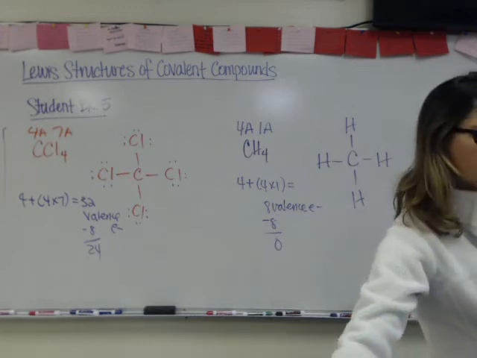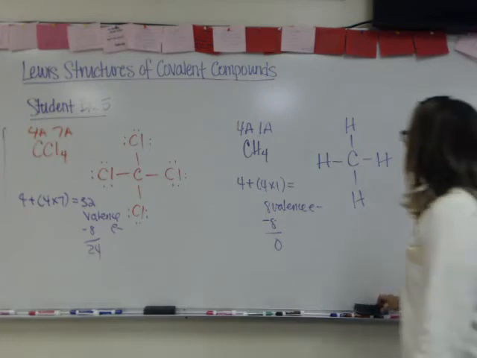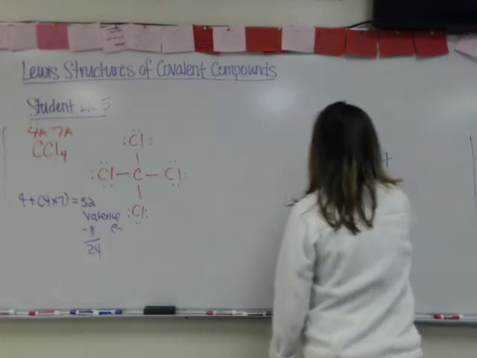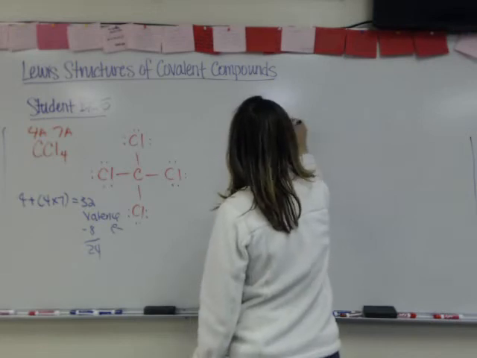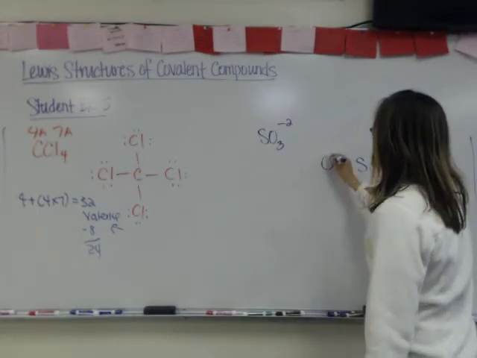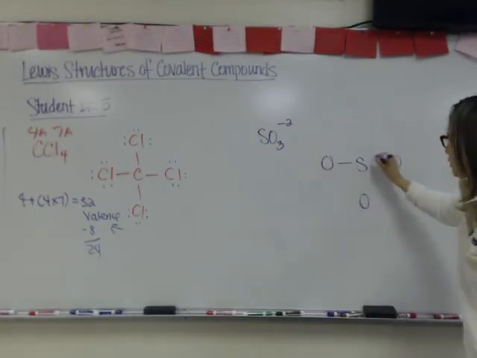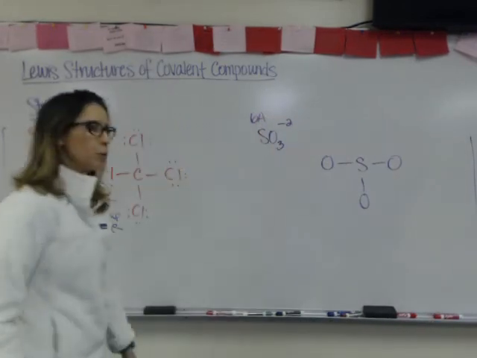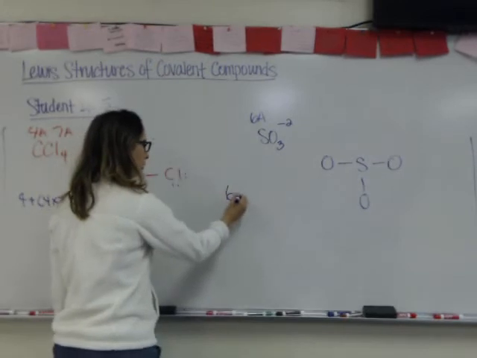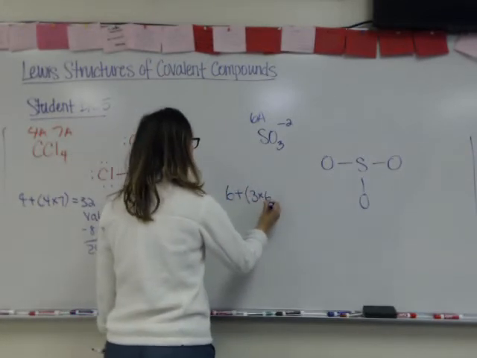Then you have SO3 negative 2. Sulfur in the middle. Surround it with your 3 oxygens, connect them with single bonds. Sulfur and oxygen are both in group 6A. So you have 6 electrons for sulfur, 3 oxygens in 6A.